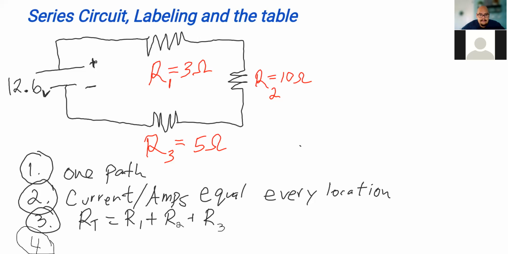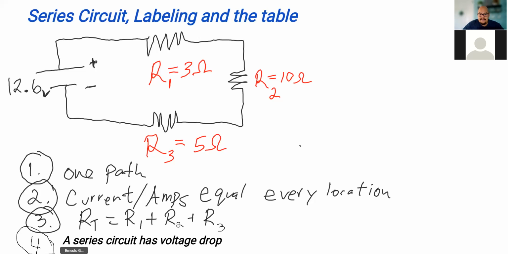The last characteristic of a series circuit is that a series circuit has voltage drop.